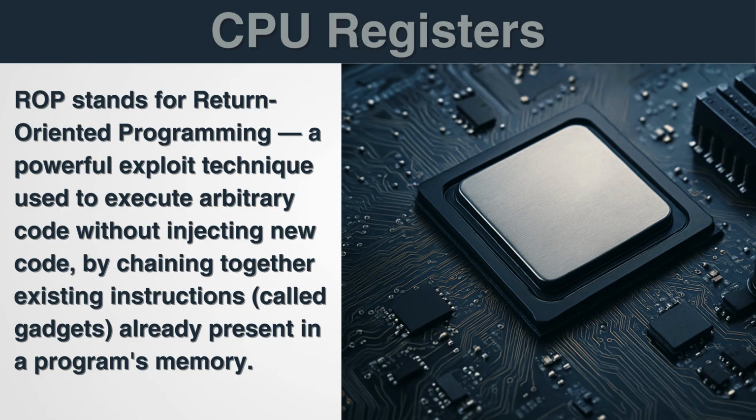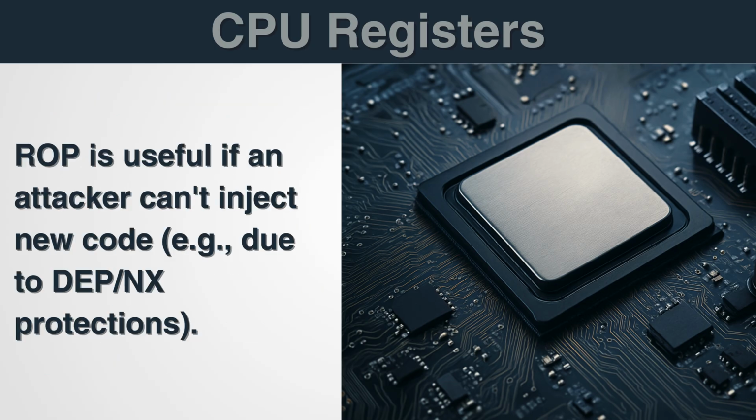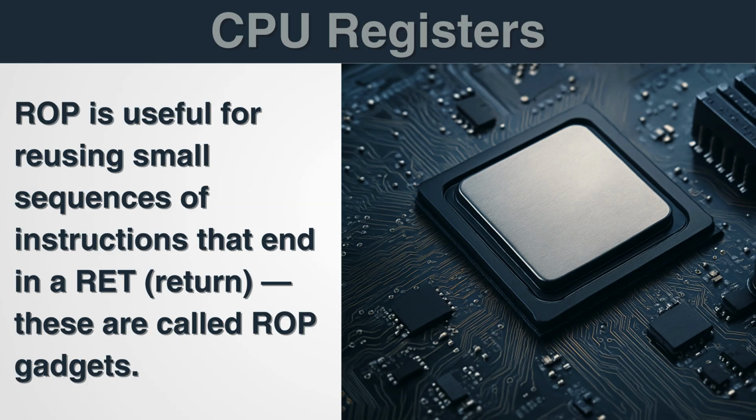The basic idea of it is, let's say an attacker can't inject new code due to various protections, so instead, they reuse small sequences of instructions, perhaps that end in a RET, return.